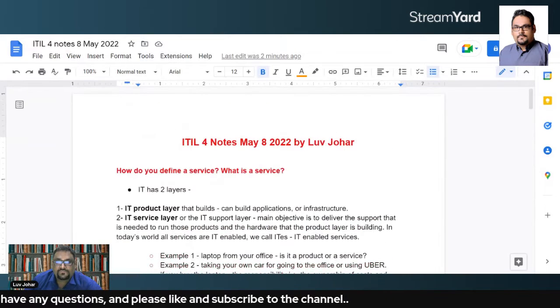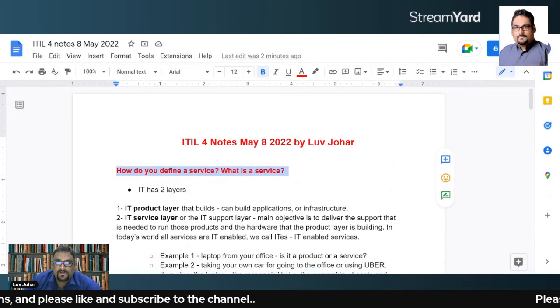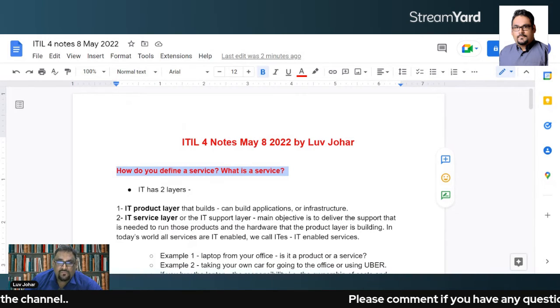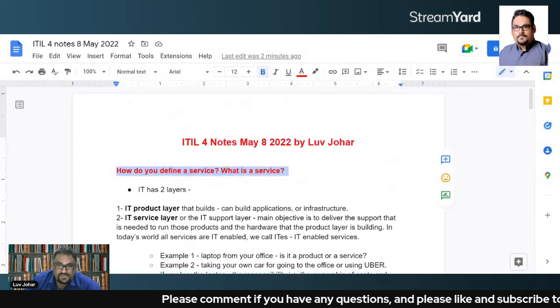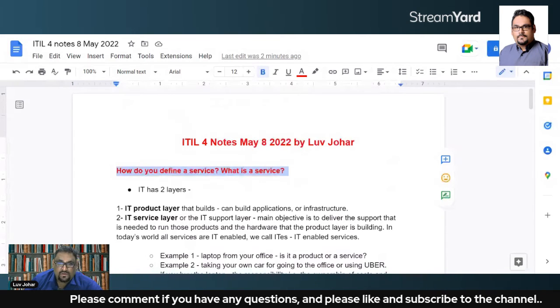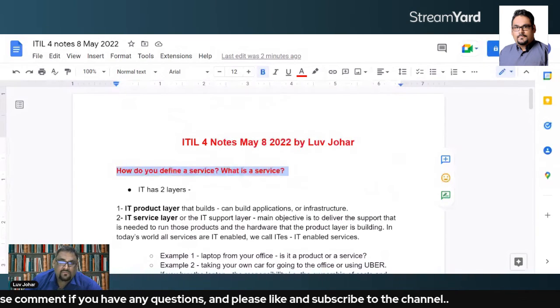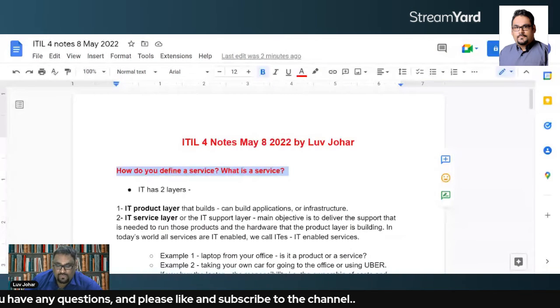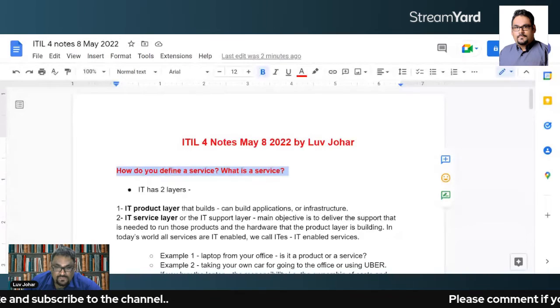So why did I start with service? Because service is basically the starting point of ITIL 4, because ITIL 4 is a framework for service delivery, guys. This is the main core area for ITIL 4. If you talk about service delivery, you have to understand first of all what service is all about.